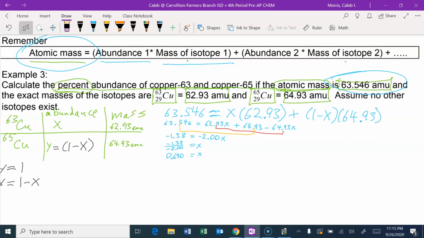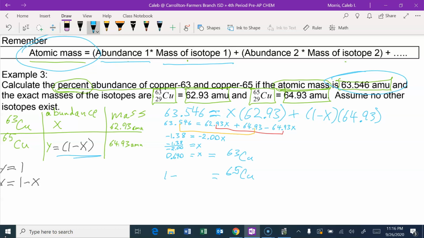Now, I have x. That is the abundance of copper 63. So this is copper 63. Copper 65, if you remember, is 1 minus x.